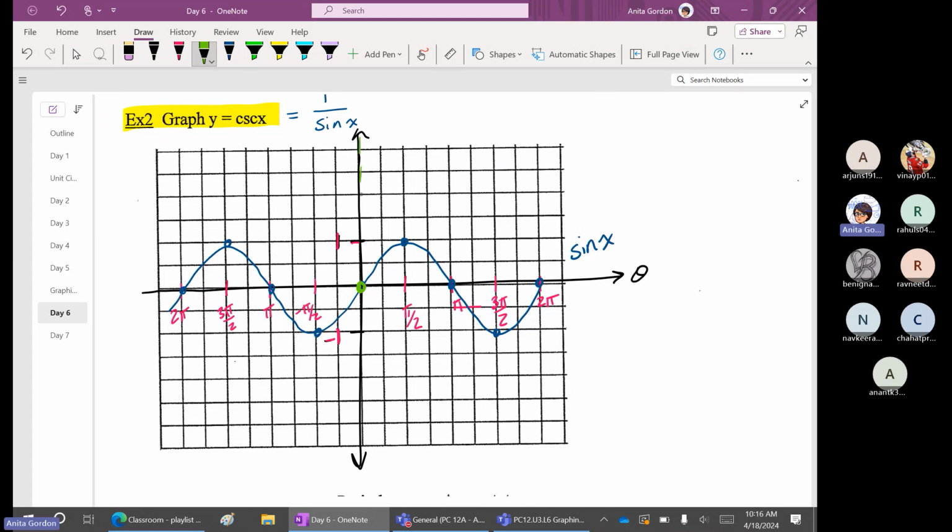Asymptote. Yes, okay, so we can't touch the middle. Can we touch any of the other zeros? So anywhere where you see an x-intercept, these are now vertical asymptotes.